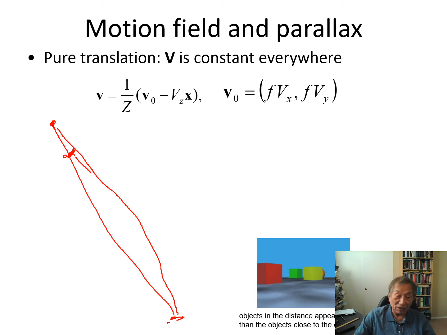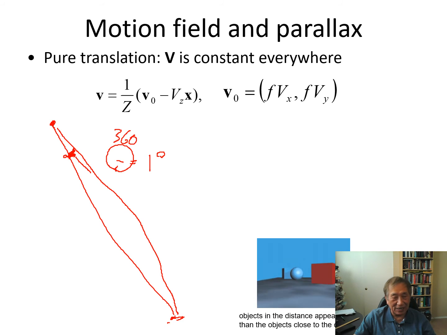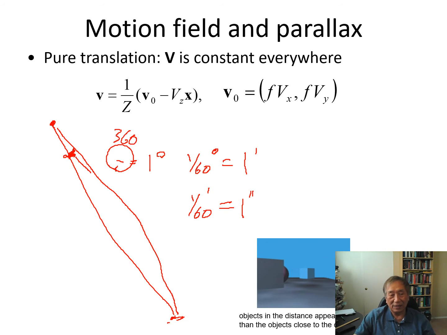In astronomy, for example, those angles are so small. You know that a full circle is 360 degrees, and one degree is just the 360th of that. Just like a clock, 1/60th of 1 degree is 1 minute, and 1/60th of a minute is 1 second.